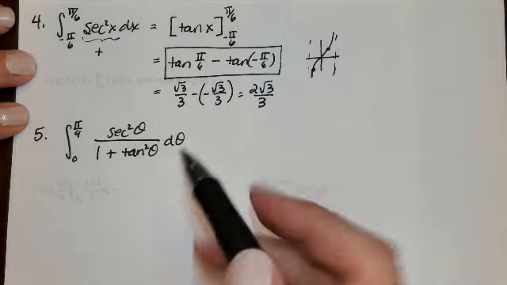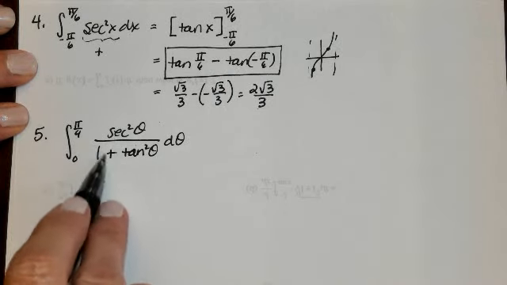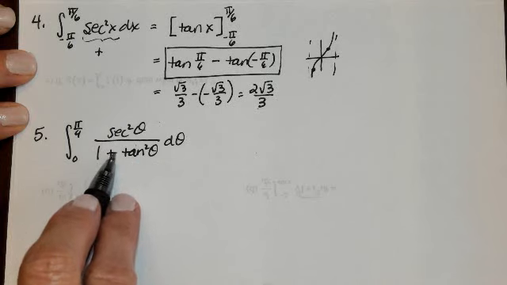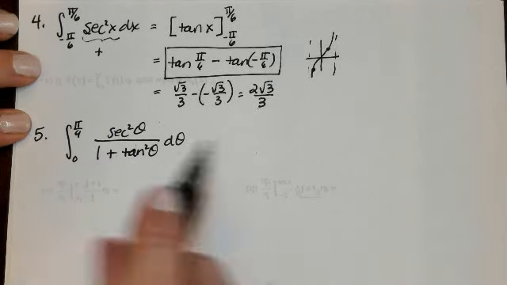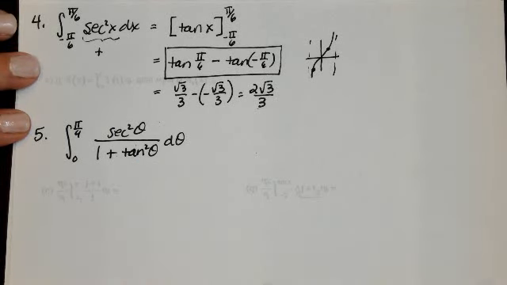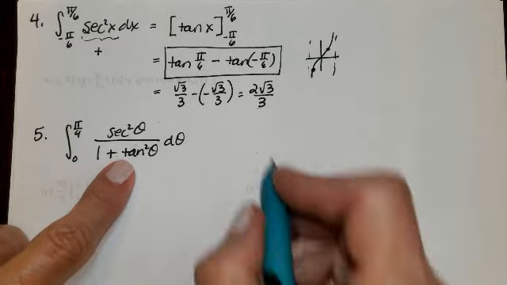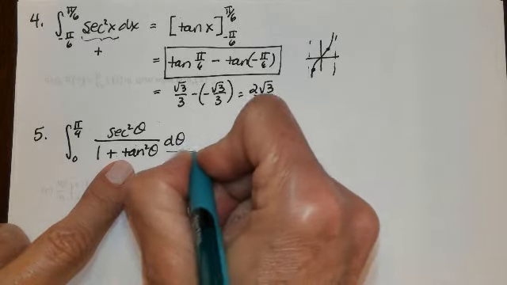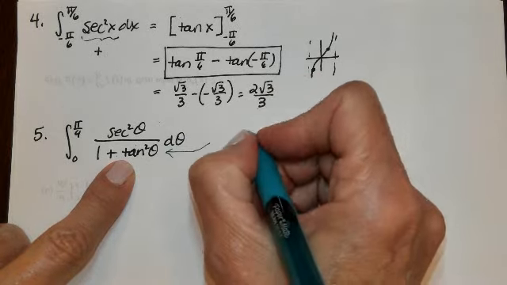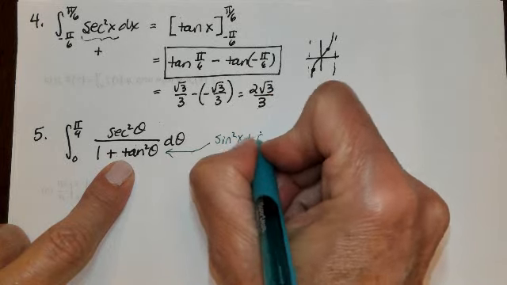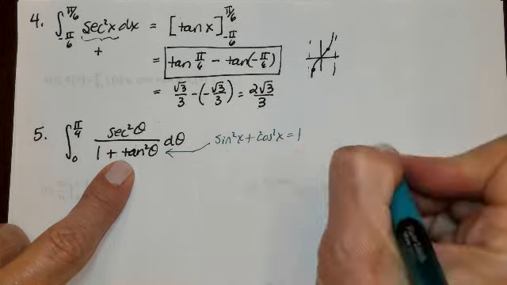Okay? So I certainly don't know a function whose derivative is secant squared theta over 1 plus tangent squared theta, right? So we need to think about a trig identity to use. In the denominator here, I see 1 plus tangent squared theta, and that makes me think of the Pythagorean identities. Sine squared plus cosine squared is 1.